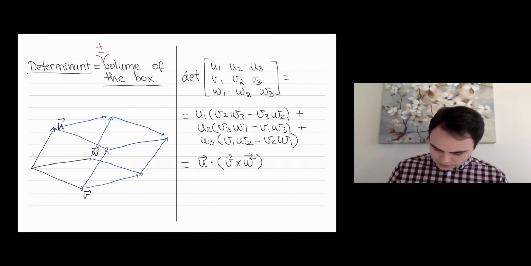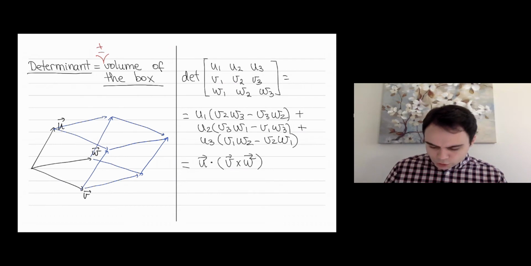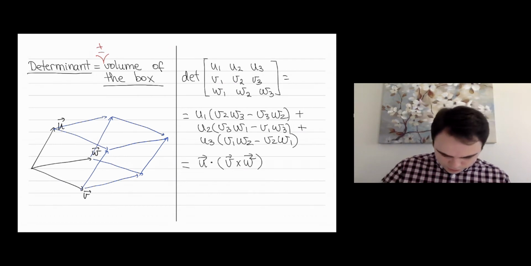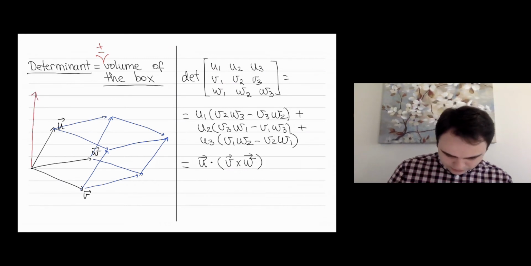So let's look at this. So let me draw v cross w here. So v cross w is perpendicular to v and w, so it's going to point up like this.